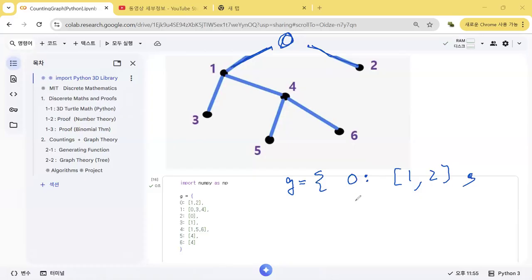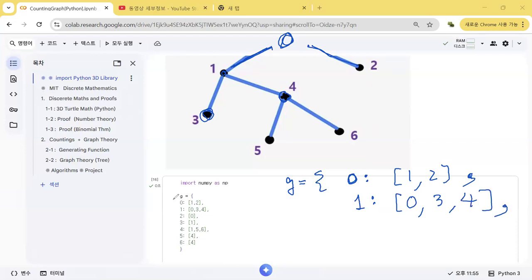This is the dictionary representation. How about from vertex one? Okay? This is the key and this is the value. From vertex 1, vertex 3, vertex 4, and vertex 0, there is a connection. So this is vertex 0, and vertex 3, and vertex 4 are connected. Okay.